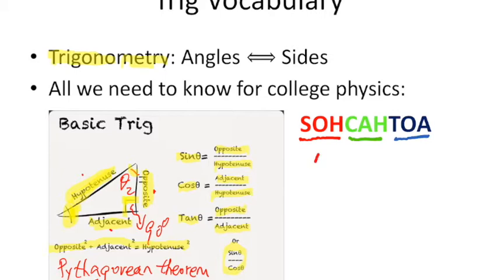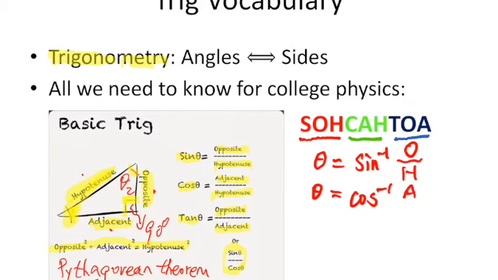So the definition is that theta equals inverse sine of opposite side over hypotenuse. I will just write opposite side as O, hypotenuse as H. Then you can also calculate it as inverse cosine of adjacent side over hypotenuse.